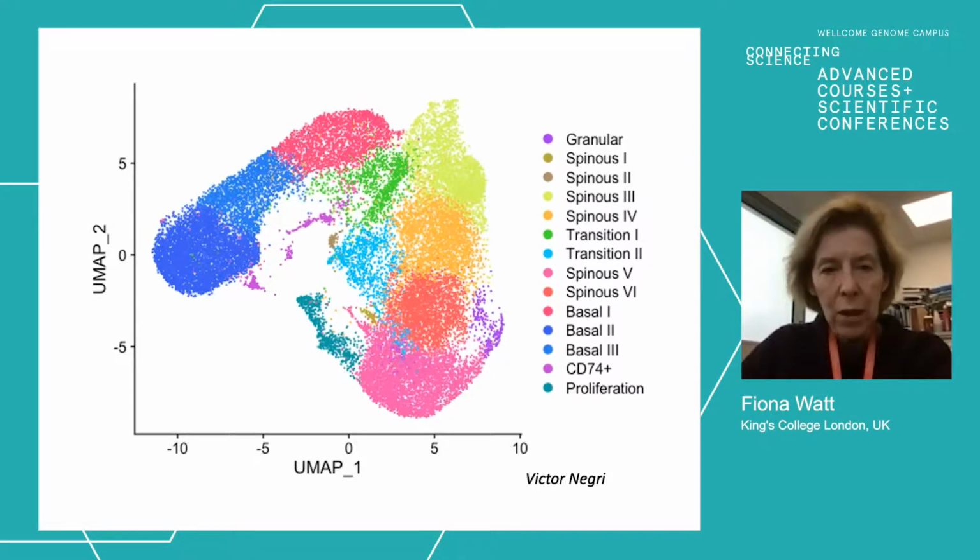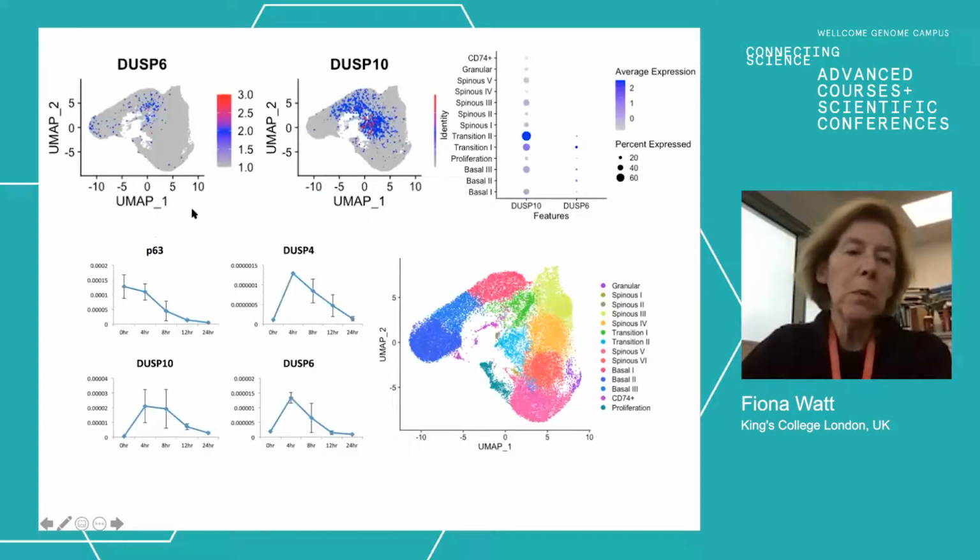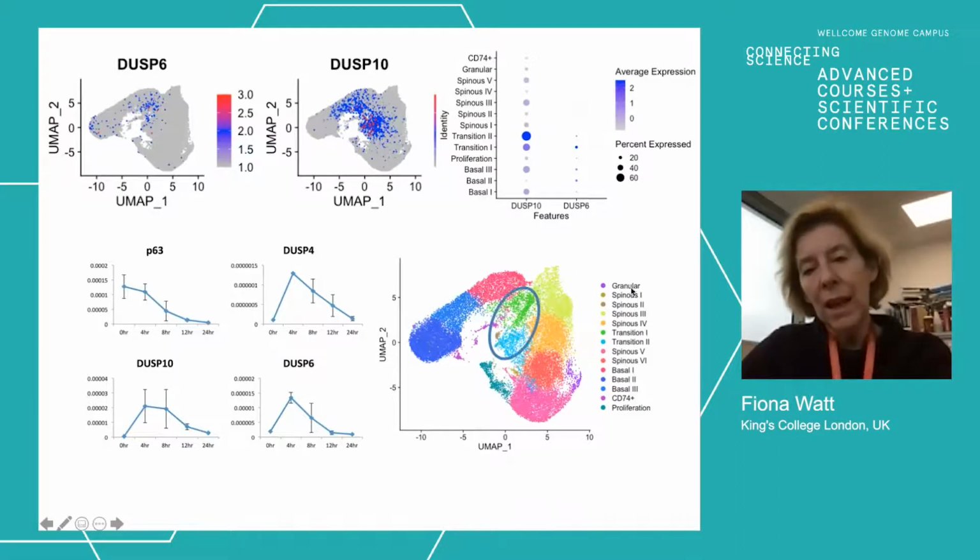So what is going on in there? Well, of course, we wanted to know if DUSP6 and DUSP10 appeared on the UMAP plot, and if so, where. And you can see I've shown the 2 transition populations circled here, and DUSP6 and DUSP10 do indeed map where we would predict.